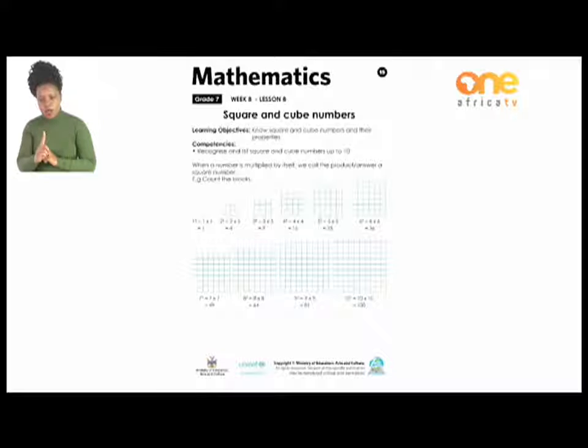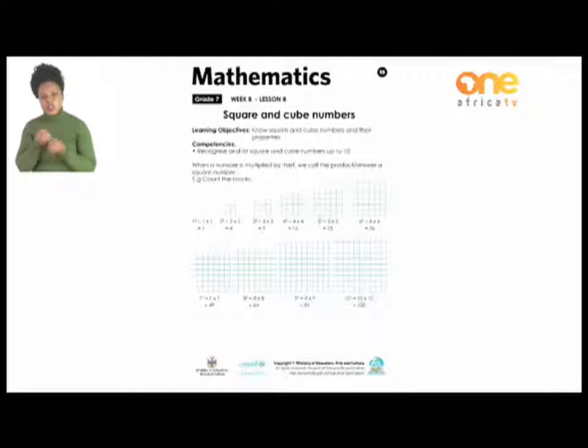The second, we have 4 blocks there, and that is 2 squared, so it's 2 times 2 gives you 4. It goes with 3 squared, 3 times 3 gives you 9, 4 squared, 4 times 4 gives you 16, 5 squared, 5 times 5 gives you 25, 6 squared, which is 6 times 6 gives you 36.